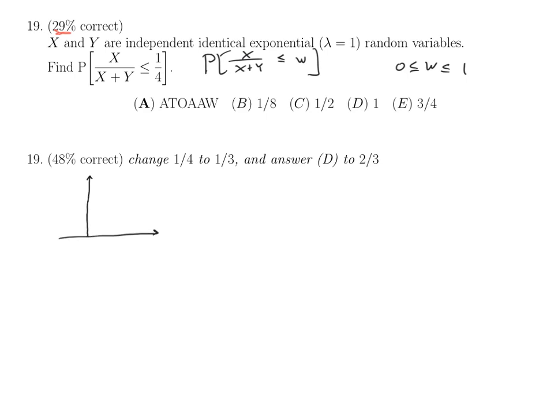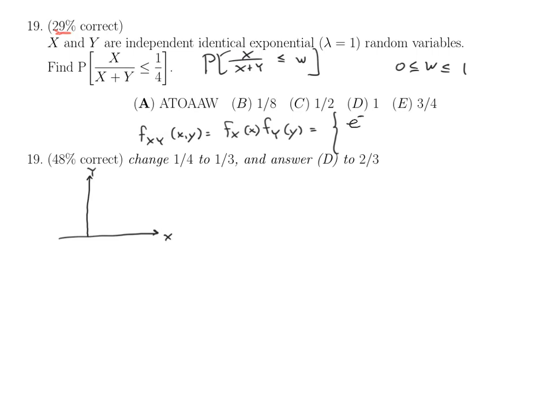So you have X, you have Y. If you combine the fact that they're IID exponential with lambda equals 1, you know that the joint PDF is the product of the individual marginal PDFs, and you know that lambda is 1 for both of them.